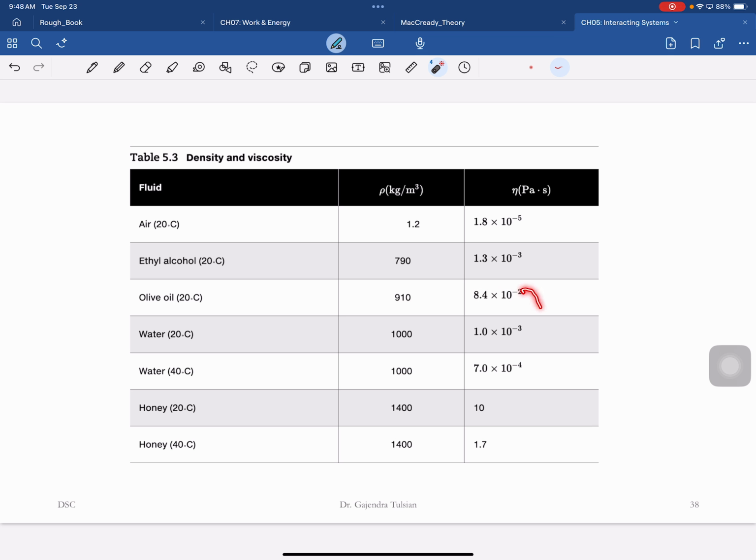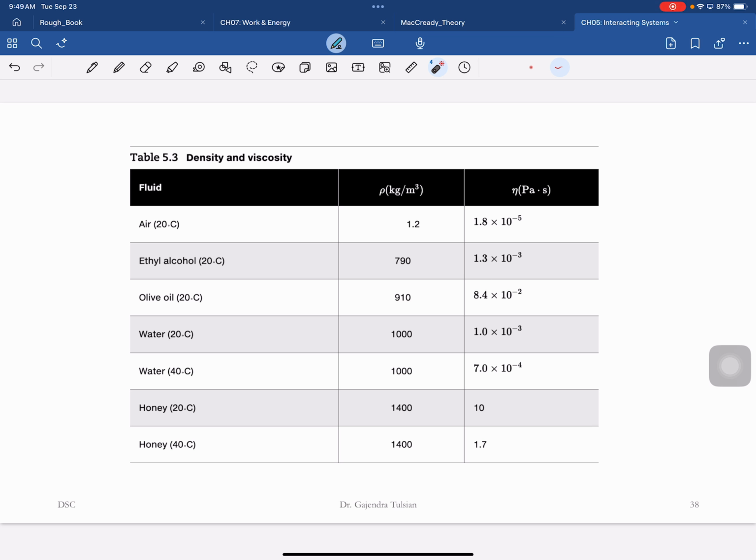So olive oil is 100 times more viscous than water. And we'll have something to say about that in a little bit. Honey, look at this. Honey is 10,000 times more viscous than water. So what that means is if you try to swim in honey, it's 10,000 times harder than swimming in water.